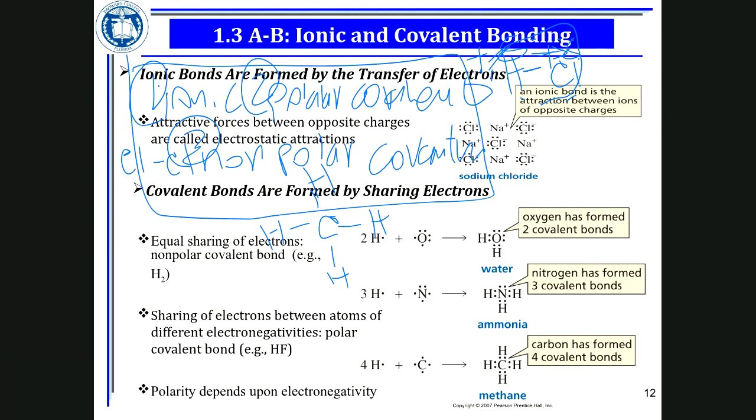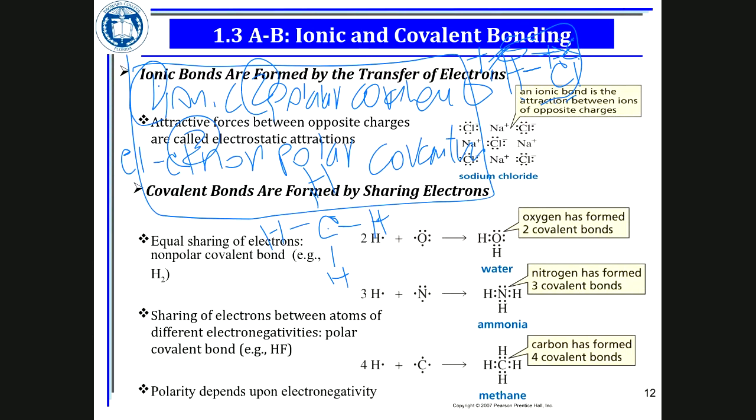Shared electrons are not very reactive because they are engaged already between the two nuclei. They are very stable. For this bond between the carbon and hydrogen, this pair of electrons is shared between hydrogen and carbon. They are attracted by the nucleus of hydrogen, and they are attracted by the nucleus of carbon, so they are stable.